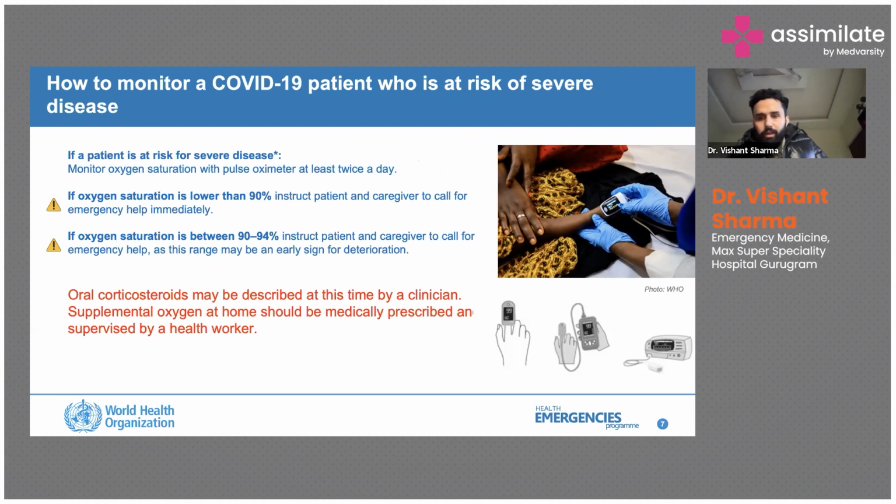So how do you categorize? A person whose saturation is less than 90 needs to be taken to the hospital. For 90 to 94 with symptoms of COVID-19, you suggest there is not much severity.